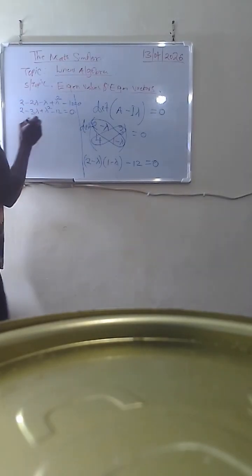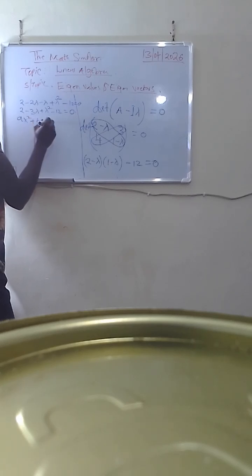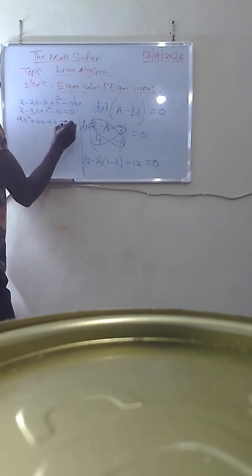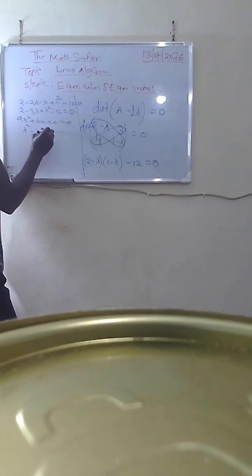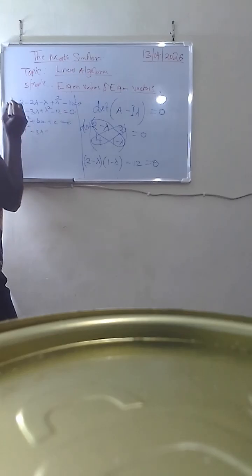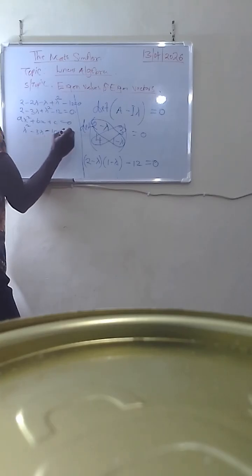Let us rearrange it in the form of ax squared plus bx plus c equals 0. It will be lambda squared minus 3 lambda minus 10 equals 0.